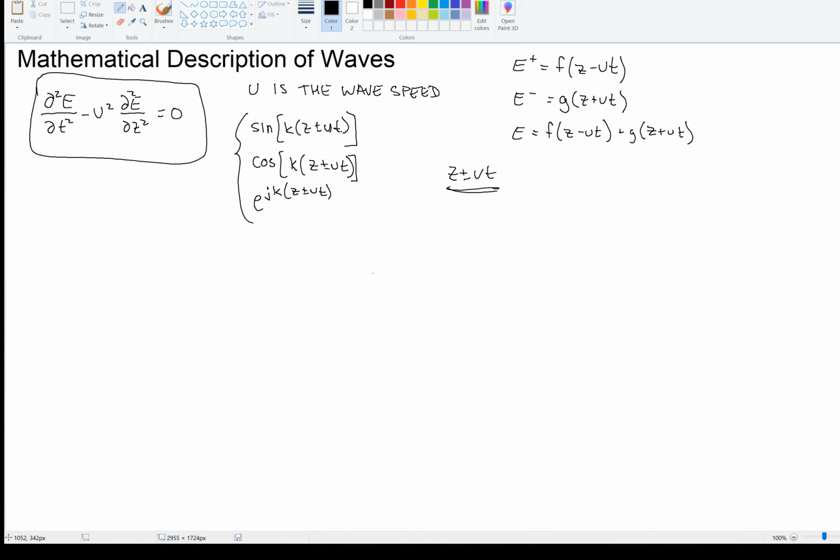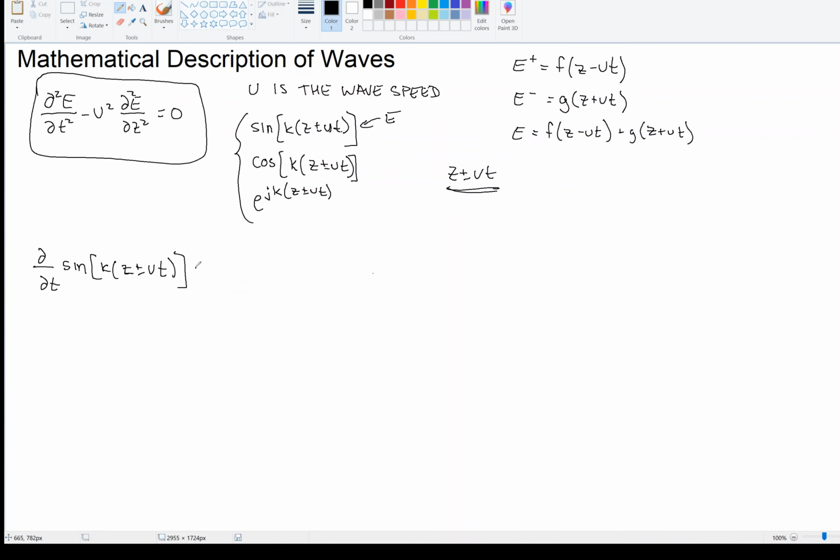So how do we do that? Well, we just plug it in. So we're saying that this is E. So we just plug that into the wave equation. Well, I have a second derivative in time. So let me take the first derivative first. So this would be the first derivative of sine of k, z plus or minus ut, like that.